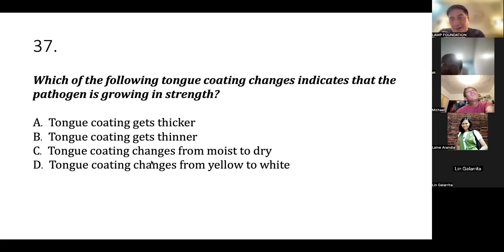Sometimes it only takes an hour. Hours lang. Numinipis. What about the shape? It takes time. Shape, Doc, ano yan, mga months. What about the color? Days, Doc. Weeks. Okay. Basta pinakamabilis yung coating.